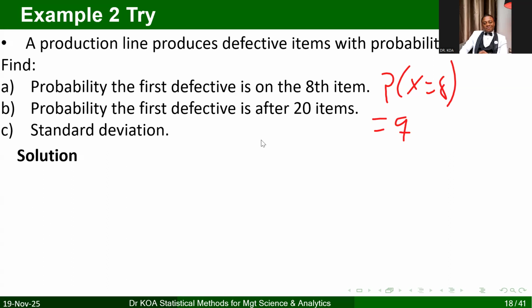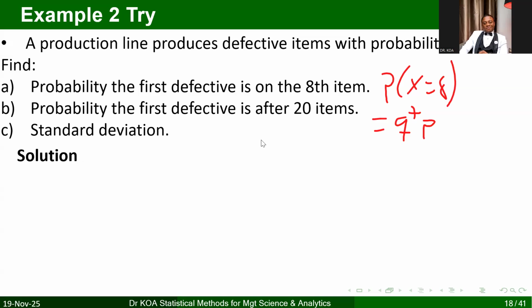K minus 1 is 8 minus 1, which is 7. Then you now have P raised to the power what? No, P raised to the power nothing. So it's just P.